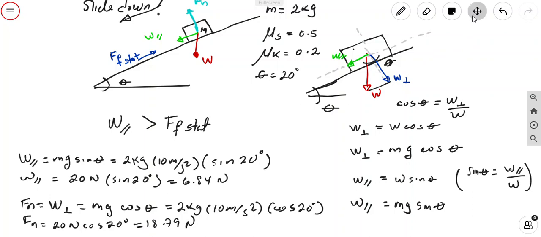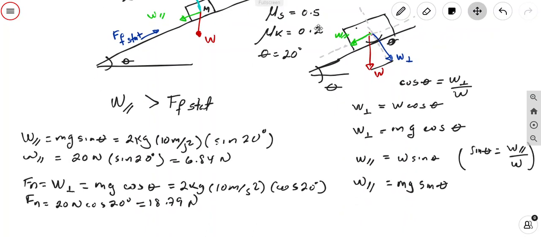And now, once I know this normal force, I can find the force of static friction. The force of static friction is equal to mu static, the coefficient of static friction, times the normal force. This coefficient of static friction, we said, is 0.5. Remember that the coefficient of friction doesn't have any dimension, so it doesn't have units.